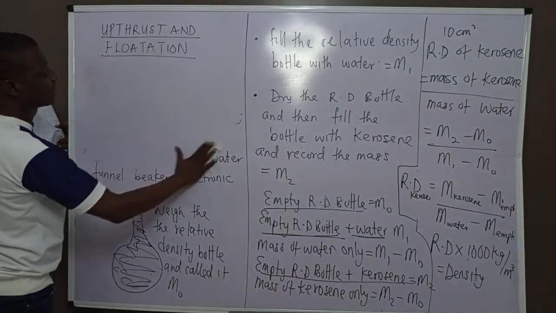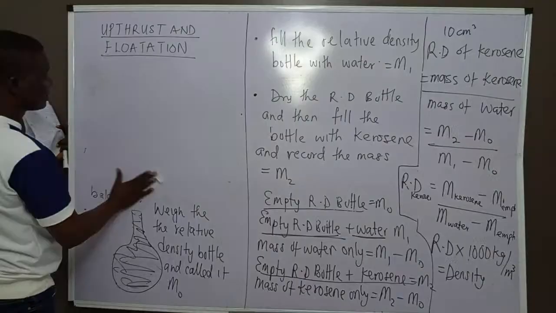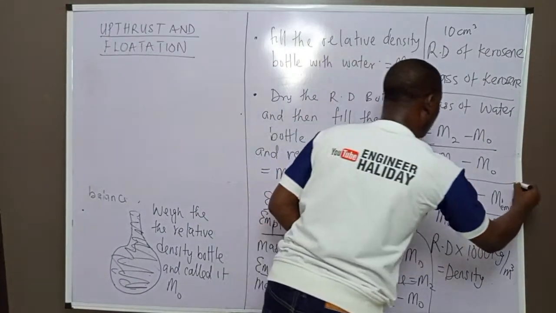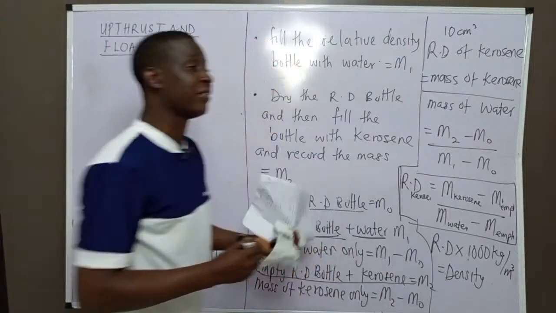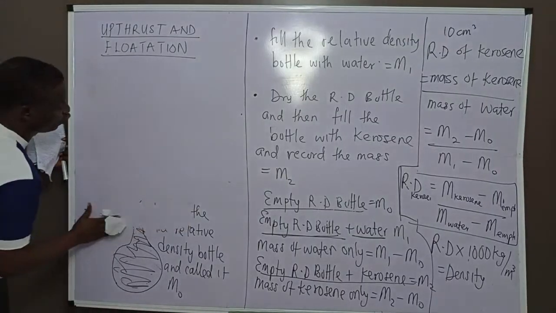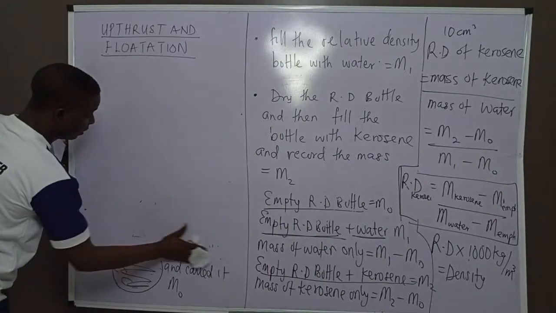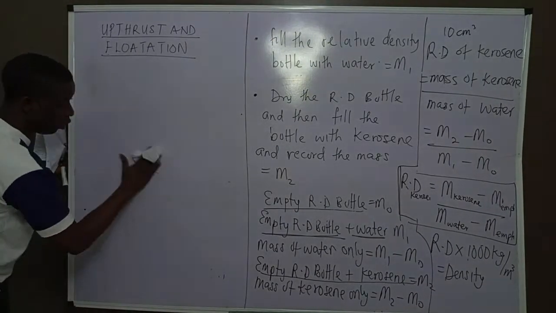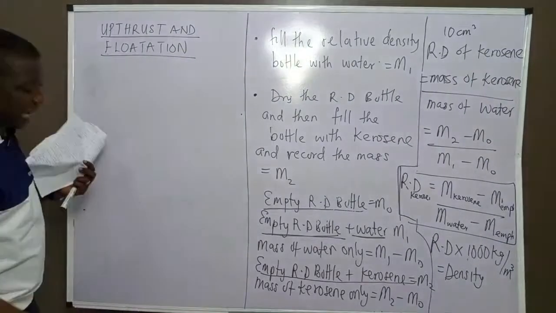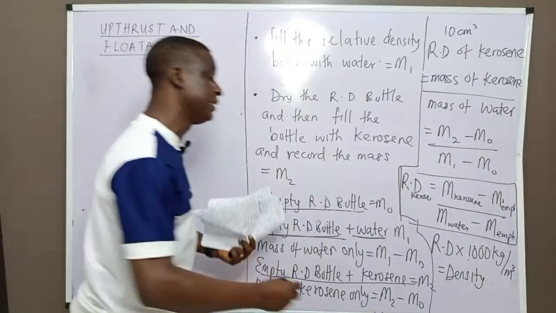What are the things you can take home from this? Number one is that the formula is very, very important, because questions do come out from there. Number two is that the relative density bottle is used to determine the density of a liquid. Don't forget the end product is to determine the density of this kerosene.